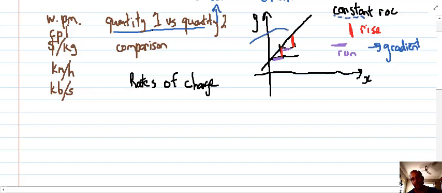Now for a constant rate of change, we have a constant gradient. That line there, drawn in black, has a constant gradient. It's a straight line. Straight lines have a constant gradient, so therefore it has a constant rate of change. That's a special case. So straight lines give a constant rate of change, whether it's up or down or even horizontal. So that line there has a negative rate of change.